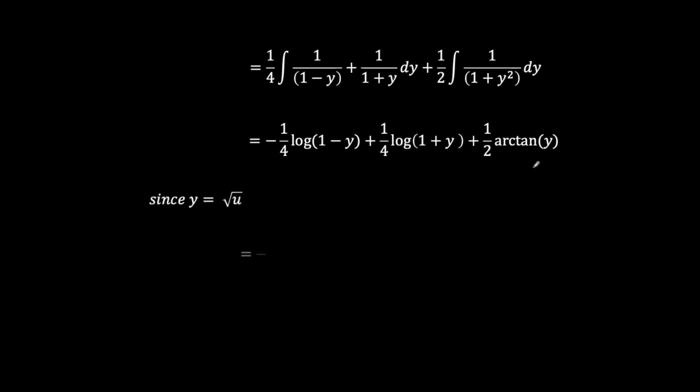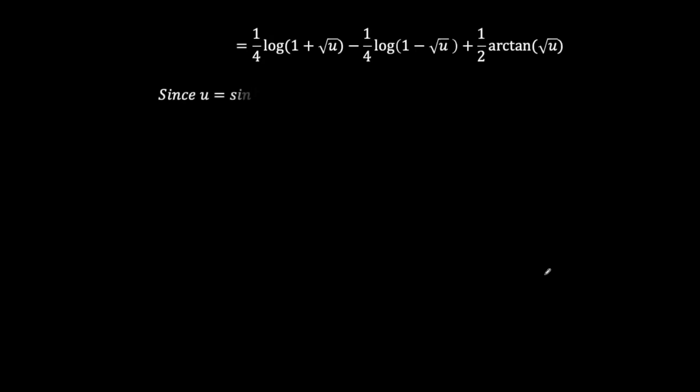Now, since y is equal to square root of u, we just plug in the square root of u there. We can swap this positive and negative, and so we have a quarter natural logarithm of 1 plus square root of u, minus a quarter natural logarithm of 1 minus square root of u, plus half arctangent of square root of u.